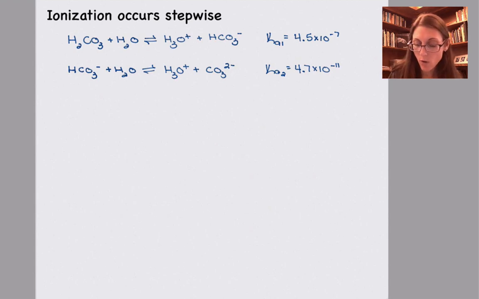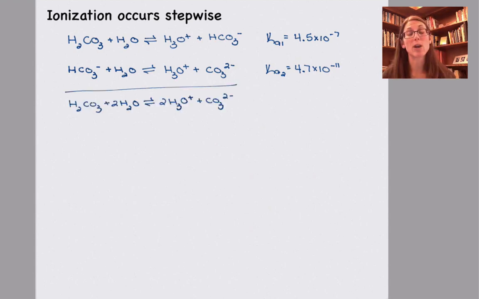If you look at what the overall process is then, you have your carbonic acid molecule losing two protons, each to their own water molecule. If you look at the Ka value for this overall process, it's the product of the two individual steps. And so you can see that for the whole process, the equilibrium constant is very, very small. So this is going to have an impact on what we will find in solution.